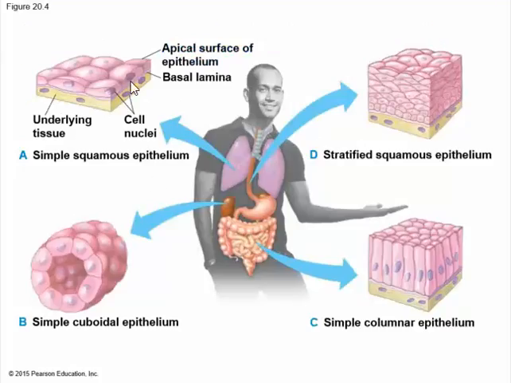Okay, simple squamous is a single, flat layer of cells. For example, simple squamous epithelium lines your blood vessels, veins and arteries and capillaries. Simple cuboidal is a single layer of cube-shaped cells that are found in your kidneys.